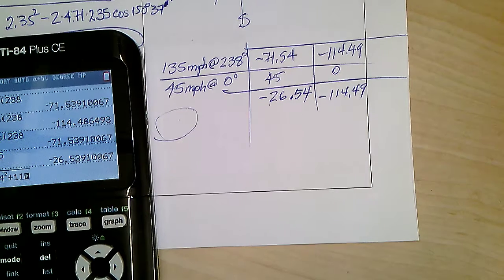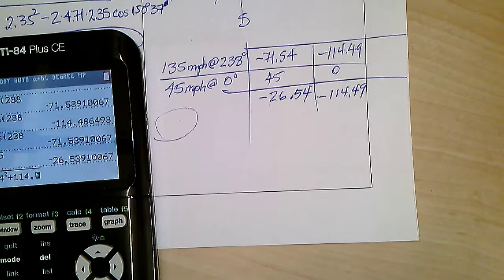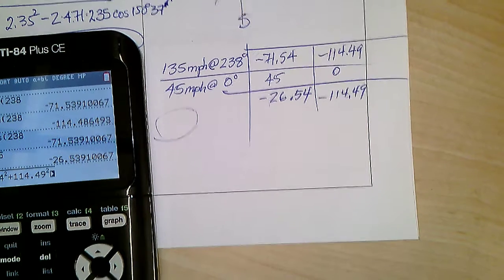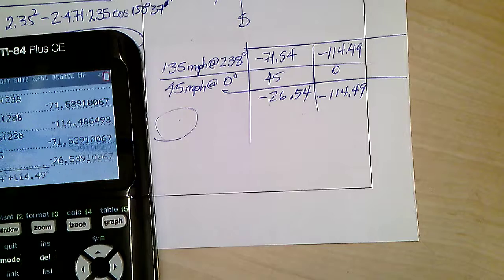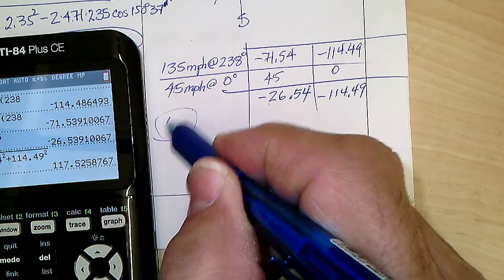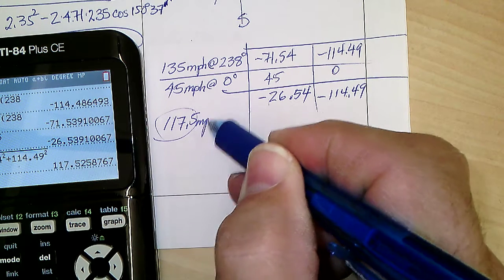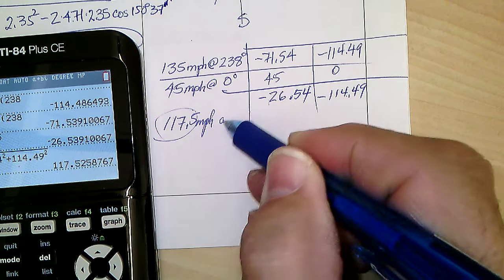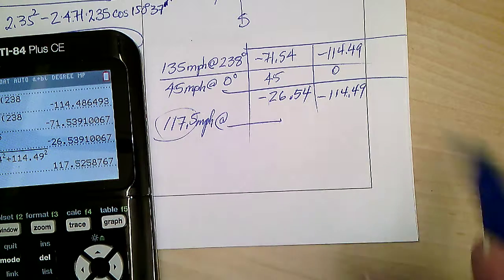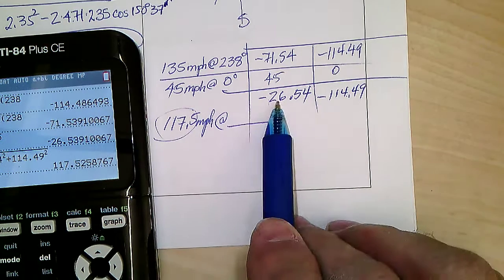Plus 114.49 squared, square root. And I get the speed is 117.5 miles per hour.